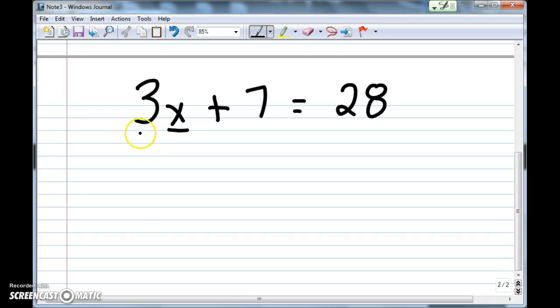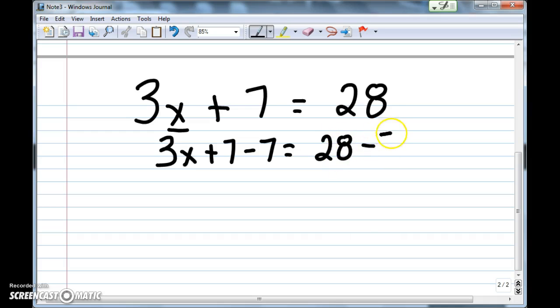So our first step is we have two terms. We can't combine like with like. These are not the same. However, we can get x by itself by getting this term by itself. We want 3x by itself. To get 3x by itself, we have to get rid of the plus 7. So we're simply going to do an inverse to get rid of the plus 7. 3x + 7 - 7 = 28 - 7.